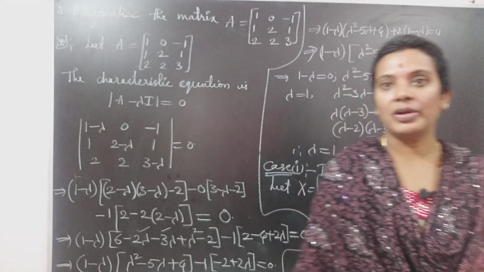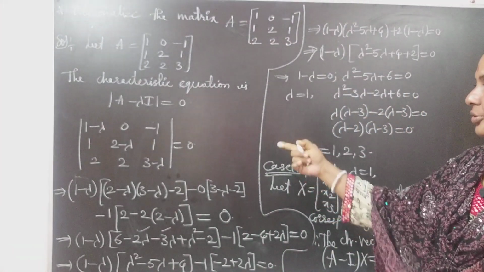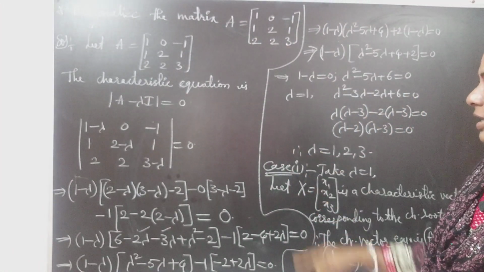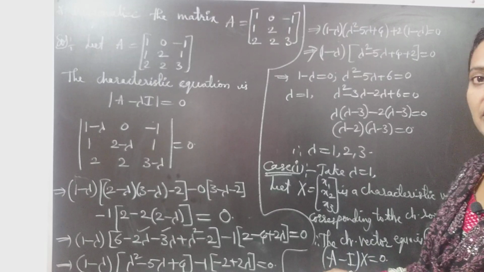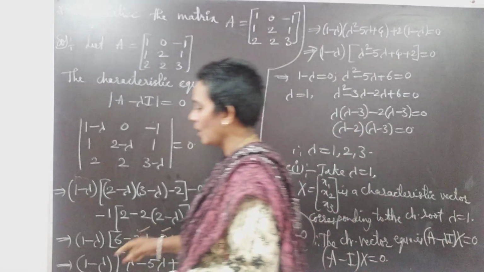Substituting the lambda equal to 1 value in A minus lambda I, we get the matrix multiplication.